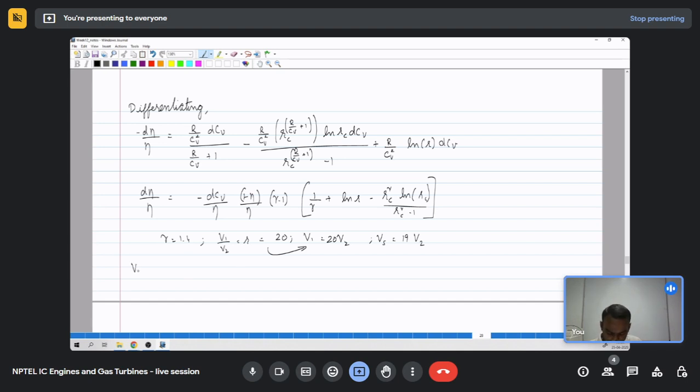And V3 is, they said 5% of the stroke volume, so it is 0.05 into Vs plus V2, so that is 0.05 into 19 V2, this is 1.95 V2, which implies rc is V3 by V2, which is 1.95.